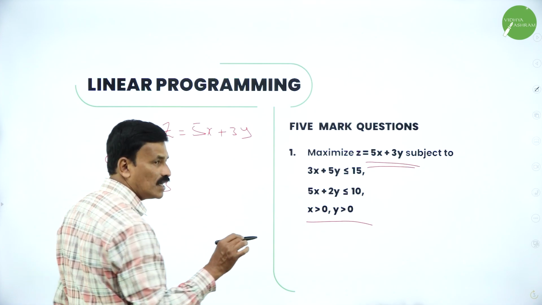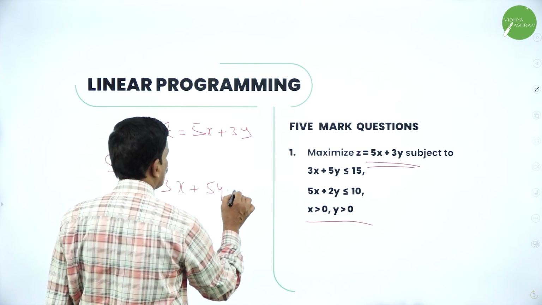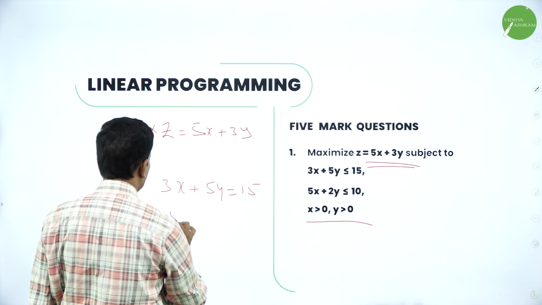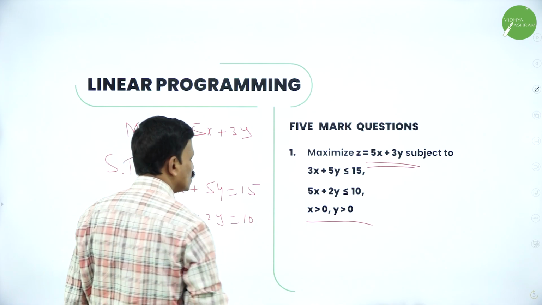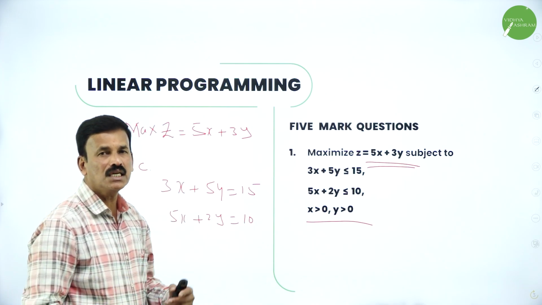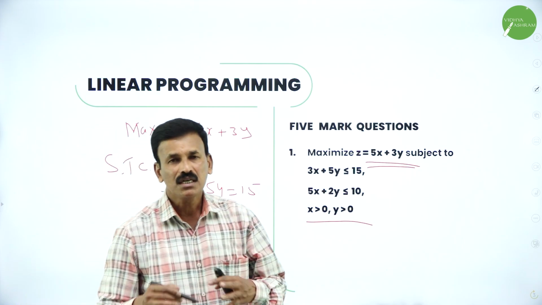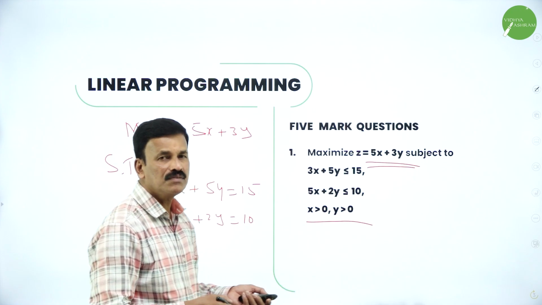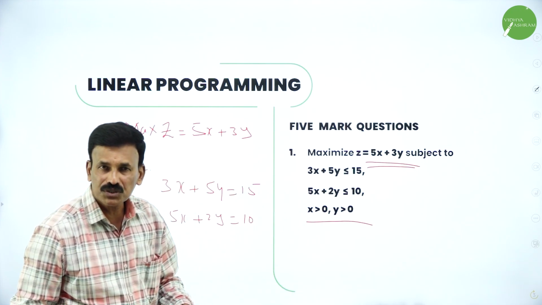We can write 3x plus 5y is equal to 15 and 5x plus 2y is equal to 10. Now solving these two equations, get the points A, B, C, D and plot it on a graph and find out the feasible region, and then from that feasible region we are going to get the solution, that is the maximum of the given objective function.